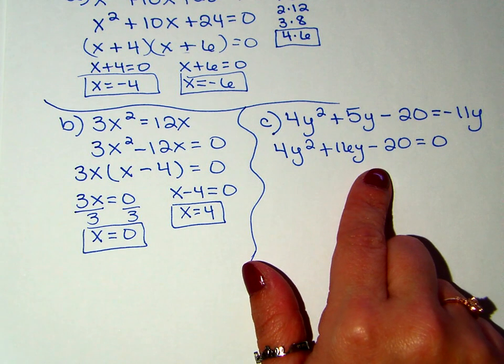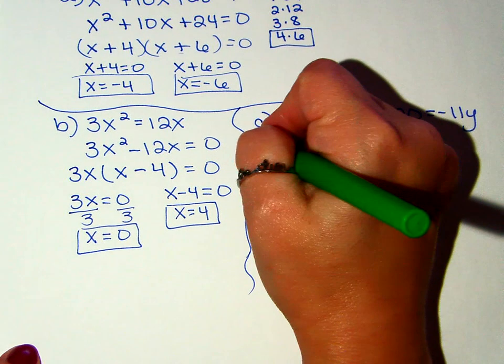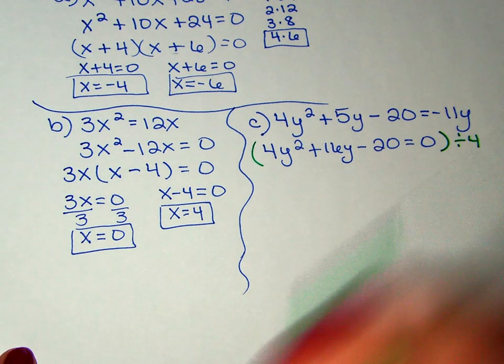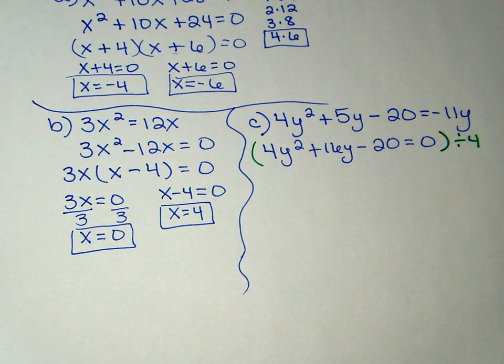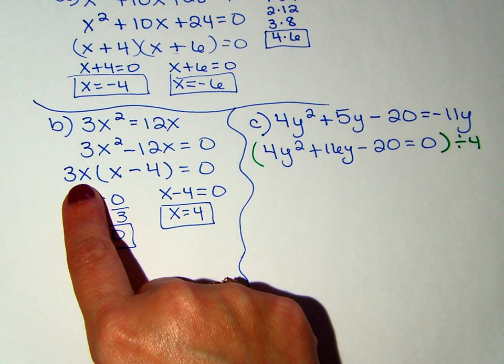So we can actually think about it in terms of just dividing everything on both sides by 4. Because if we do it to one side and we do it to the other side, that's totally fair game. So if we divide everything by 4, the factor of 4 is just going to fall away. Over here, we could not do that because we didn't pull out just a constant. We pulled out a variable as well.